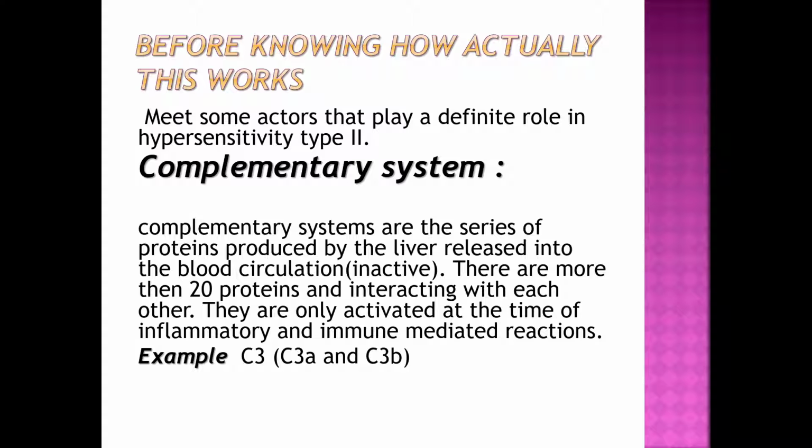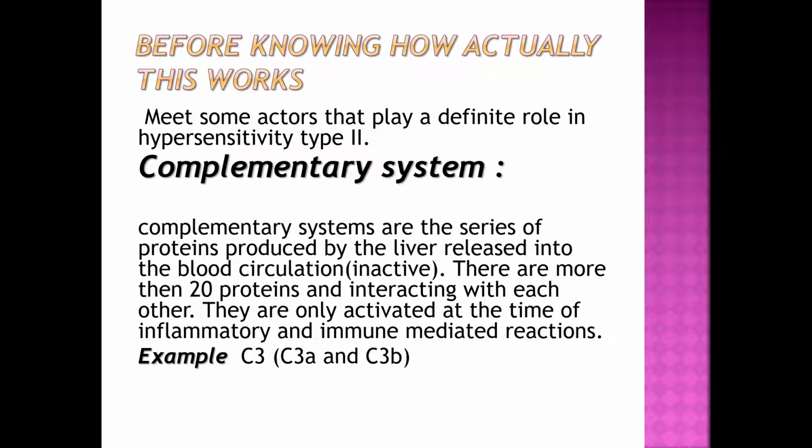Before knowing how this actually works, let us meet some actors that play a definite role in hypersensitivity type 2: the complement system. Remember, this complement system was activated by the Fc region when the antibody was bound with the antigen on the cell surface through its Fab region. Complement systems are a series of proteins that are produced by the liver into the blood circulation.